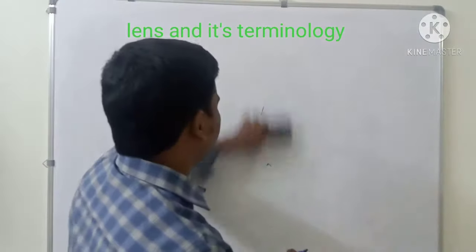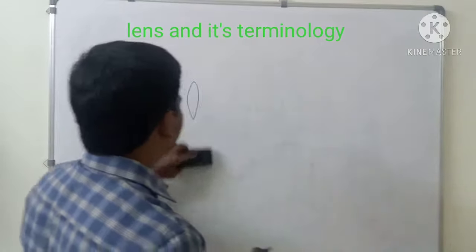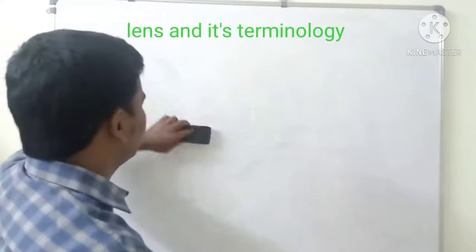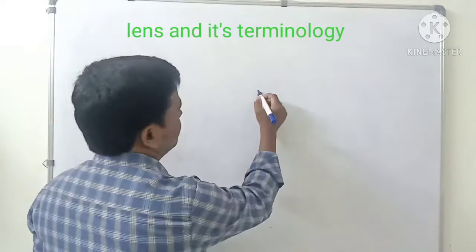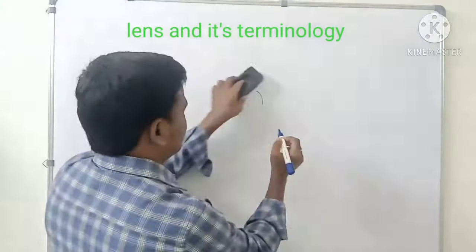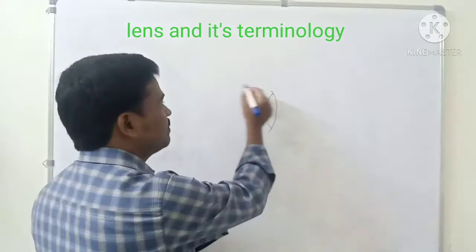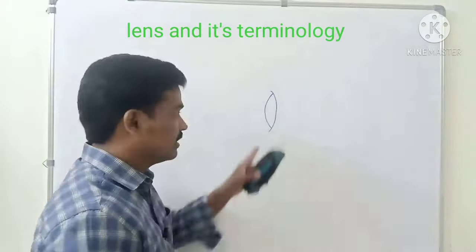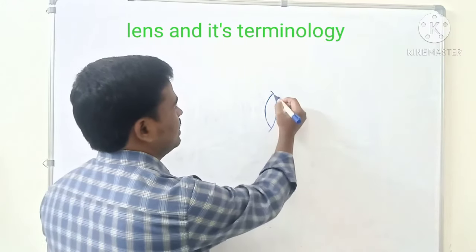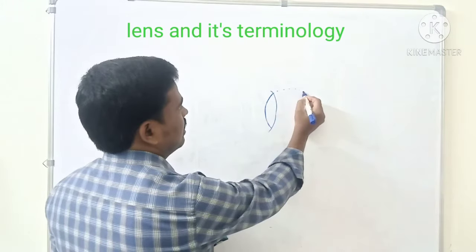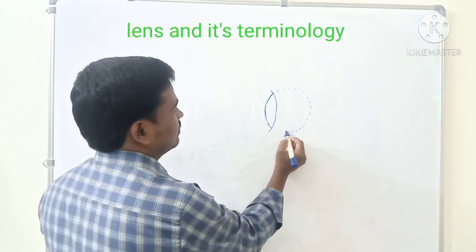Let us go to the terminology of lenses. If a lens has two surfaces, they are parts of two spheres. Let us assume this is the first curved surface, which is part of this sphere.